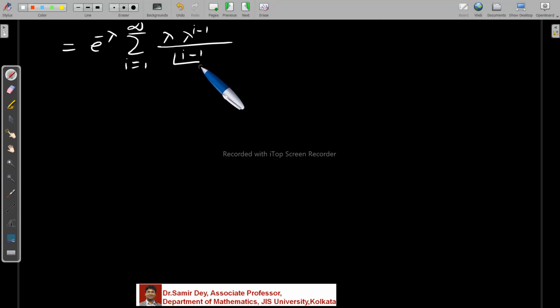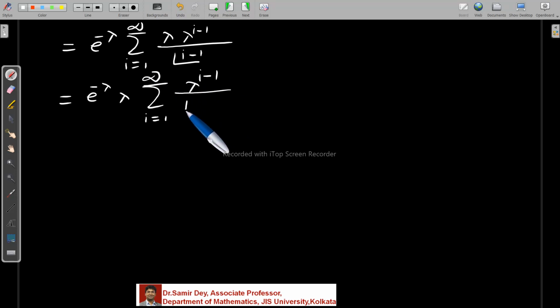So here I have added two to three lines extra, especially for your better understanding. Now you can see this lambda is not connected to i, you can take it outside. So e to the power minus lambda into lambda. So how much do you have? Summation i equals 1 to infinity lambda to the power i minus 1 by factorial i minus 1.